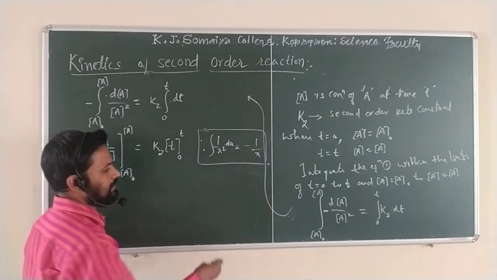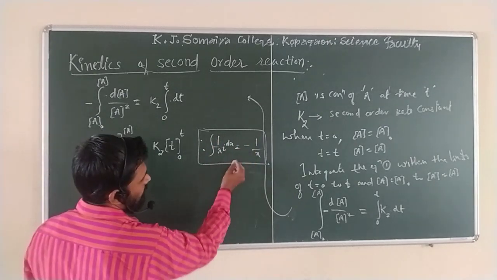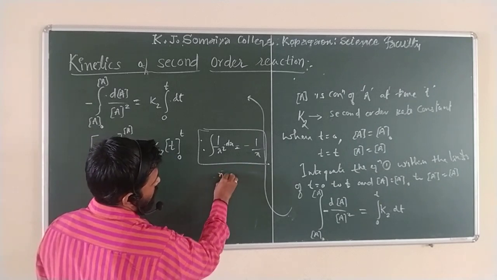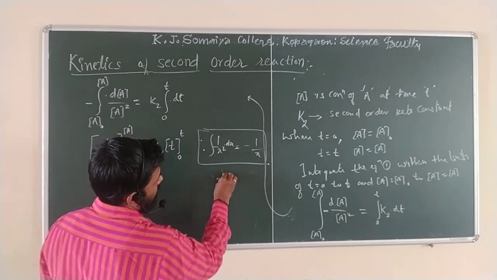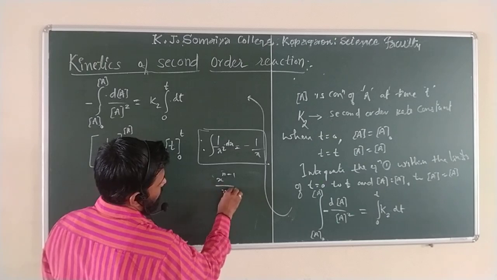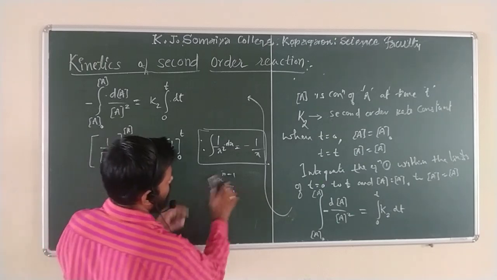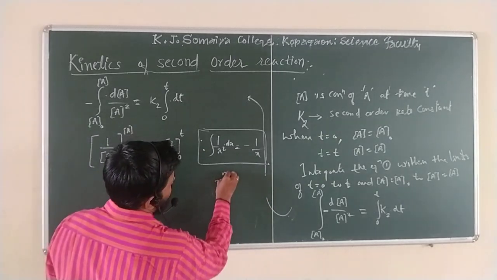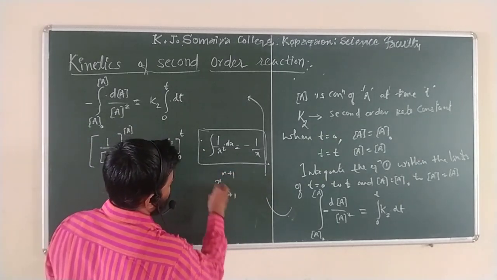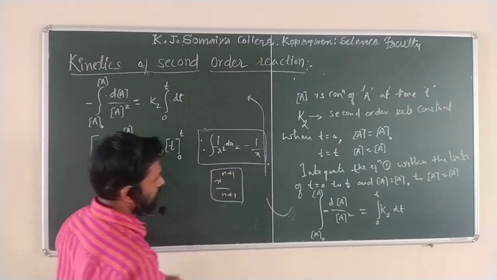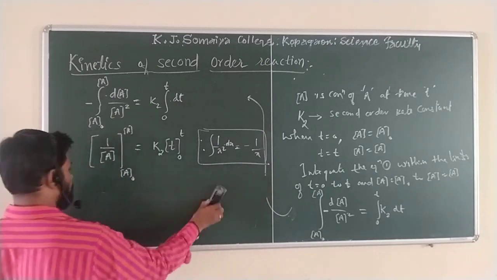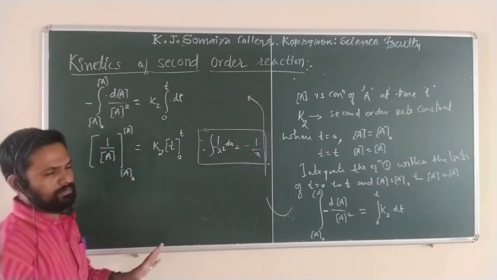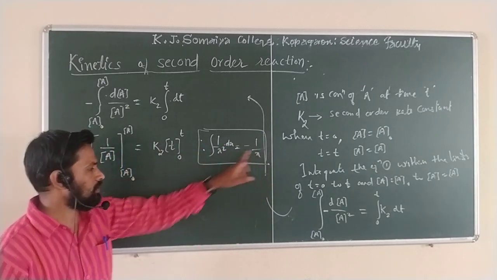Again, there is a general formula: x raised to n, if integrated, gives x raised to n plus 1 upon n plus 1. If you get the idea, you will get minus 1 upon x very simply.